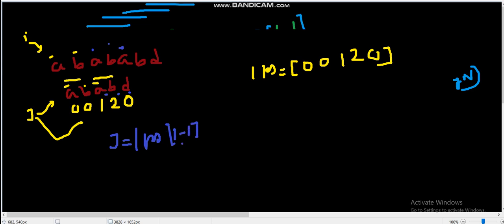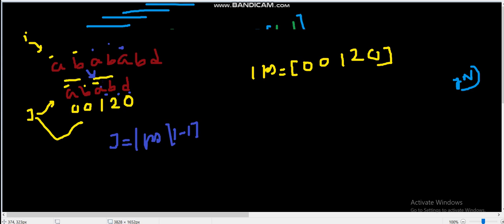In our brute force algorithm we would have to backtrack the i pointer, but here we are not backtracking the i pointer. Instead we are making j equal to LPS of j minus 1. LPS of j minus 1 is 2, so our pointer will be at this index now, because we are making j equal to 2.